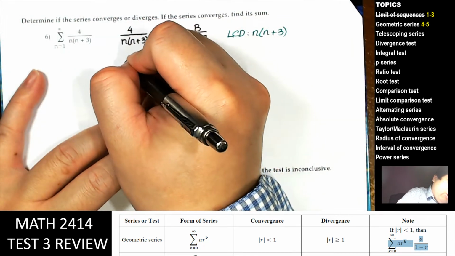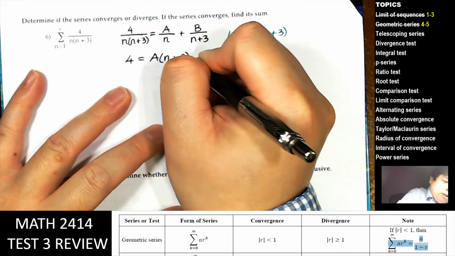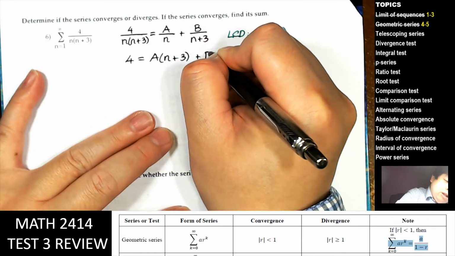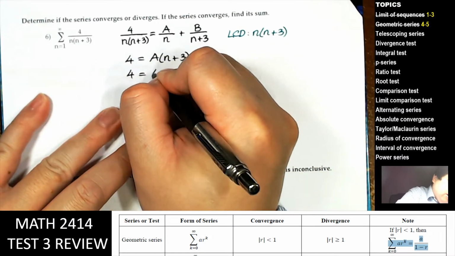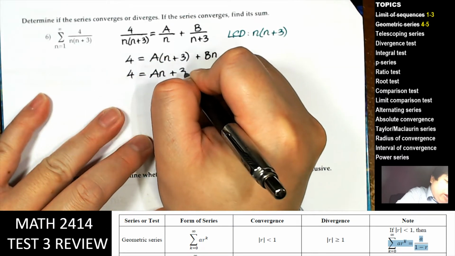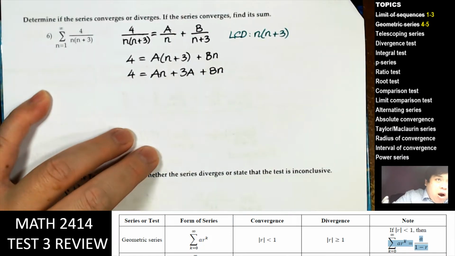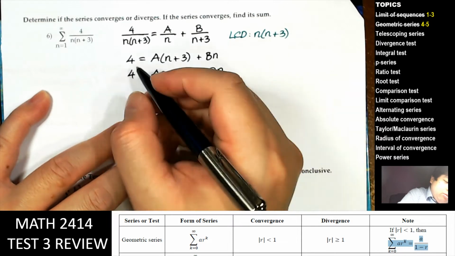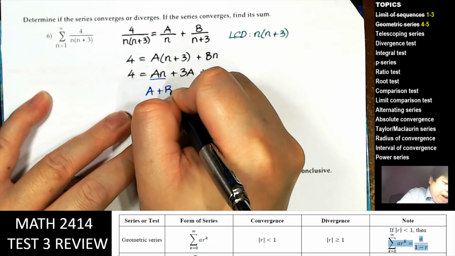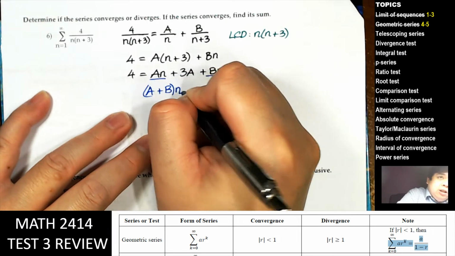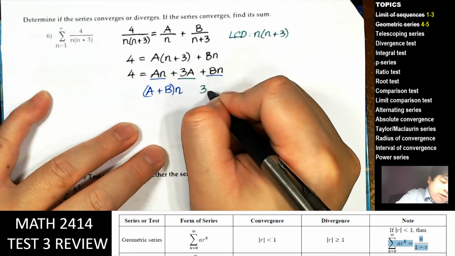We should have 4 equal to A times n plus 3 plus B times n. Multiply it out: An plus 3A plus Bn. Combine like terms; these two terms have n in them, so factor out an n. We have this, and then 3A is a constant by itself.